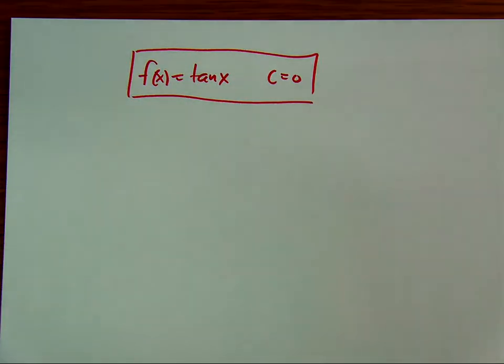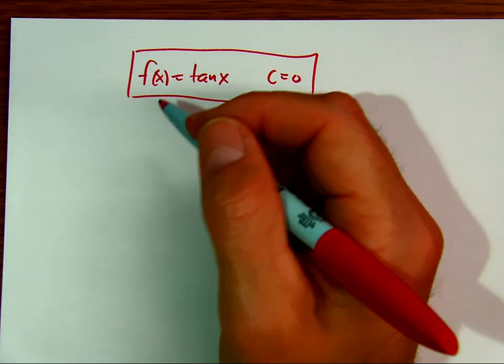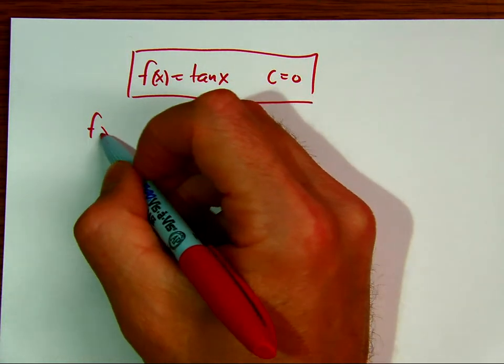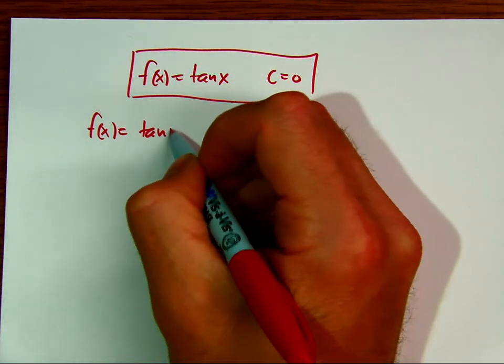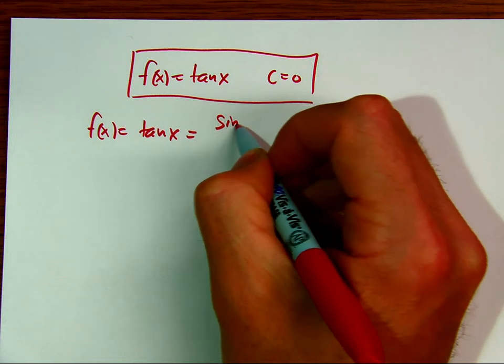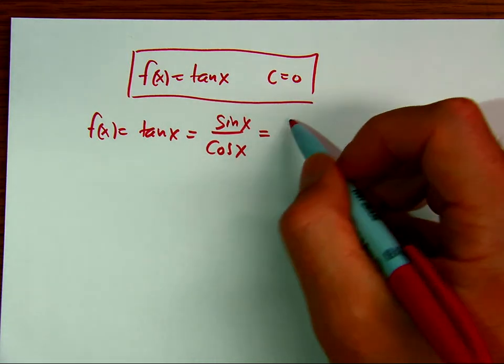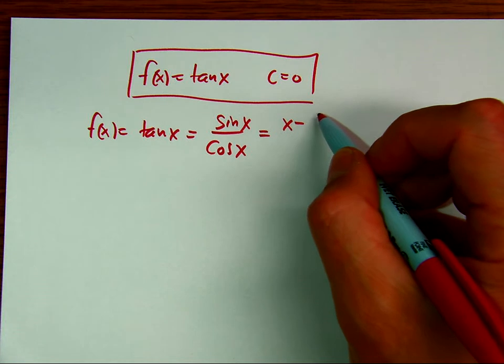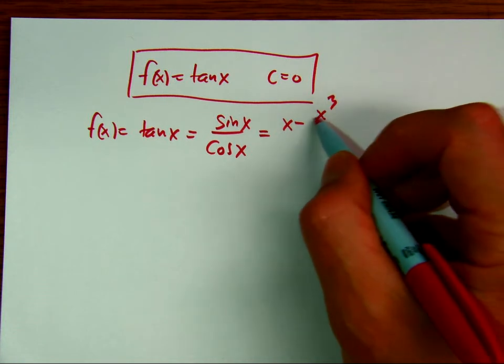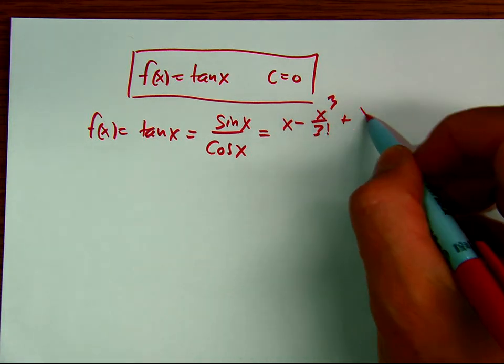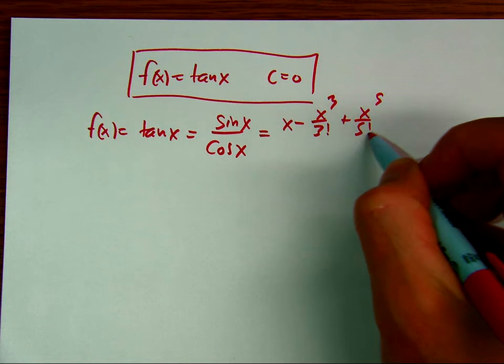All right, and here we can use division because we know the series for sine and cosine. So if f of x equals tangent, which is sine over cosine, then sine is x minus x cubed over 3 factorial plus x to the 5th over 5 factorial.